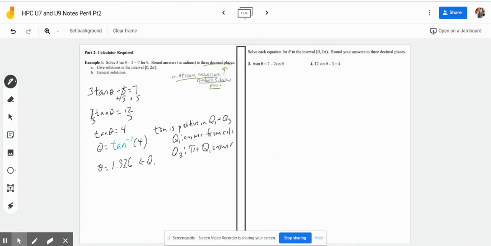So quadrant 3, essentially what we did was pi plus tan inverse of 4 using our calculator. And it's also 4.467. So those are our two values between 0 and 2 pi.